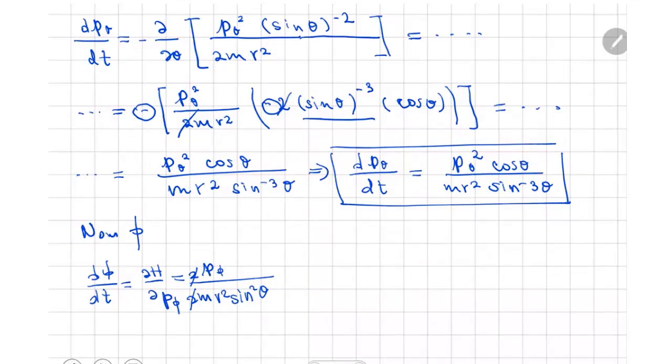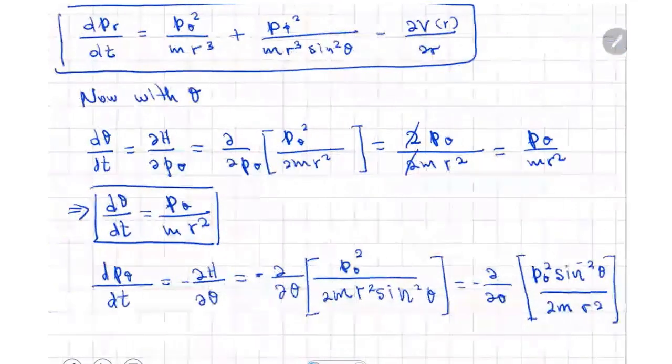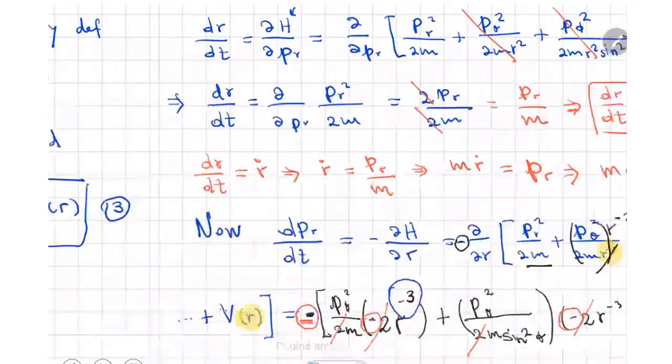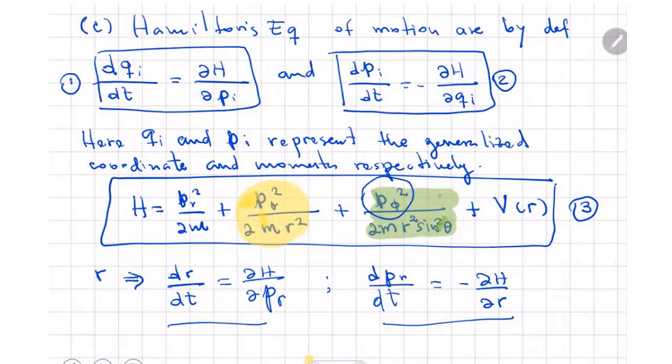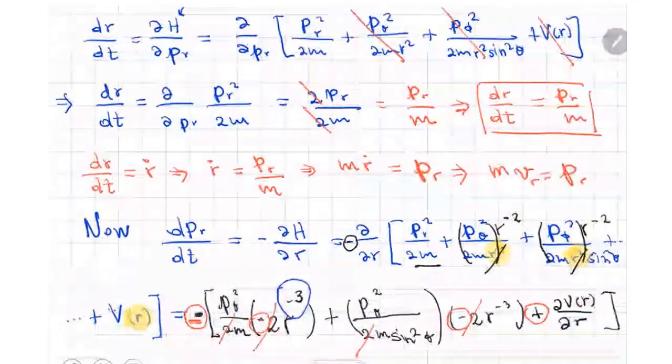And the dp phi dt is equal to minus dH d phi. But if we check the Hamiltonian, it does not depend on phi at all, so the derivative is going to be 0.